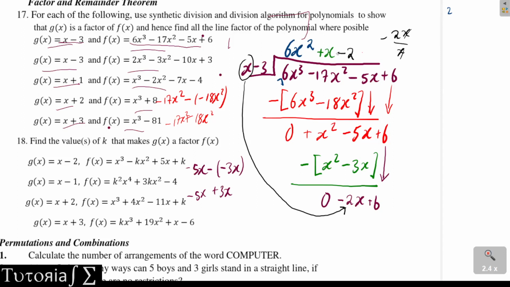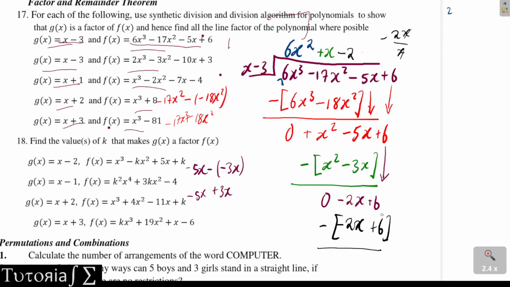Then we can say negative 2 times everything here. So we'll write that as negative 2 times x, that will be negative 2x. Then negative 2 times negative 3, so that will be positive 6. Again, we put in brackets, then we subtract.